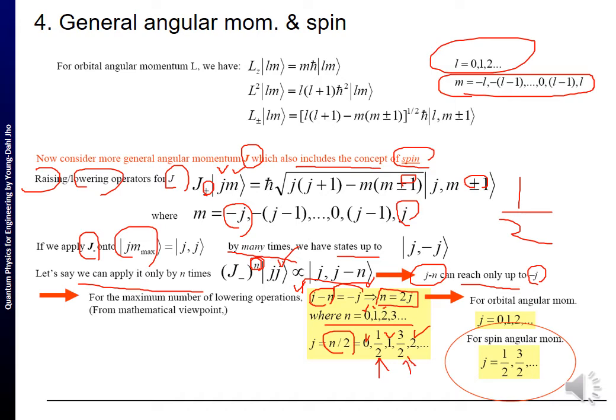So there could be some half-integer values. Those are called spin. So only from pure mathematical operation we found there could be half-integer values, and these are named spin. So not only the angular momentum, but also there could be spin state.